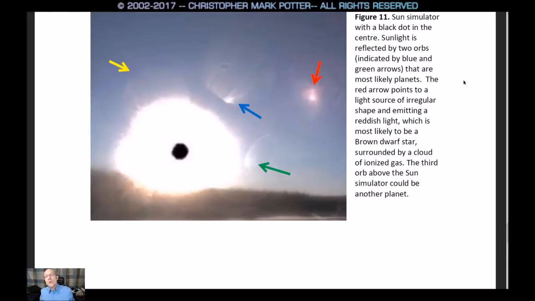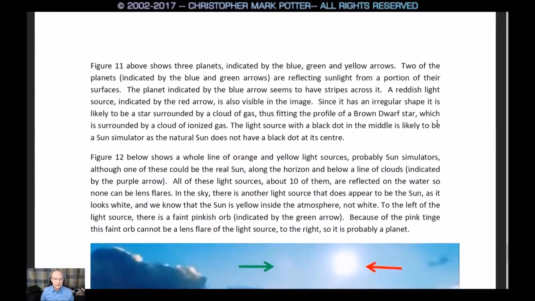The red arrow points to a light source of irregular shape and emitting a reddish light, which again most likely can be possibly a brown dwarf star, or surrounded by a cloud of ionized gas, or the third orb above the sun simulator could be another planet, or... Right, okay, great. Glad we covered that.